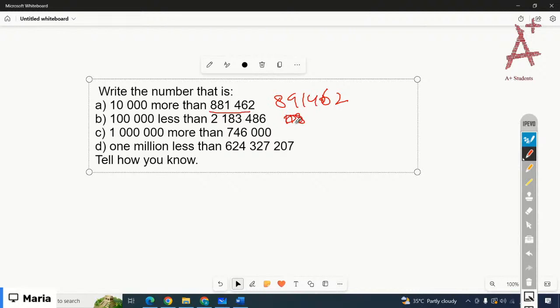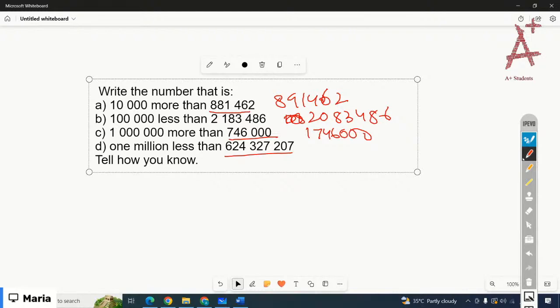It would be 2,083,486. 1 million more than, you have to add 1 million, right? It would be 746 thousands plus 1 million. So it makes 1,746,000, right? 1 million less.